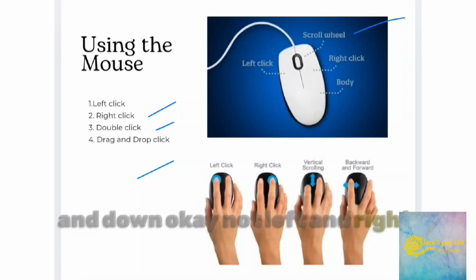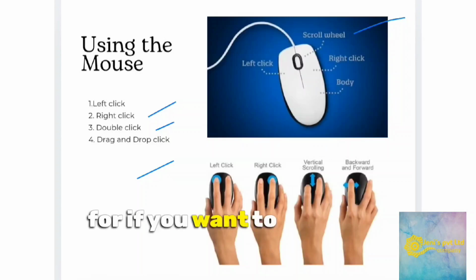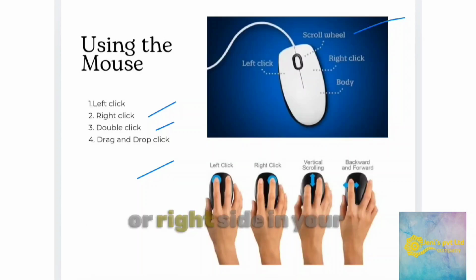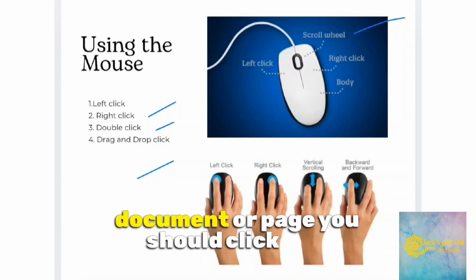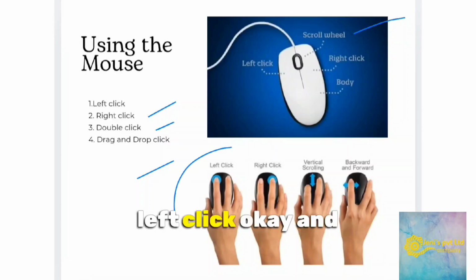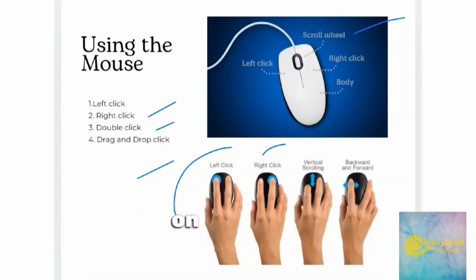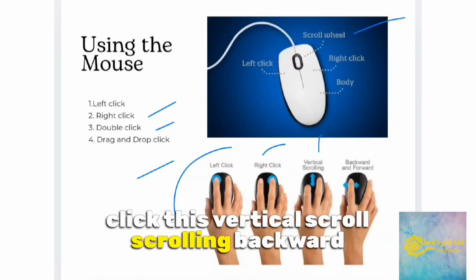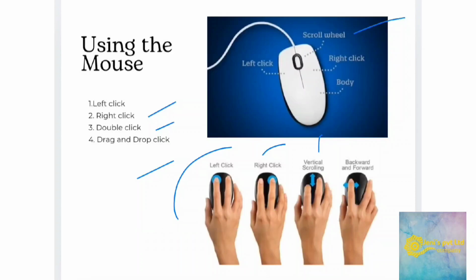If you want to move left or right in your document or page, you should use the left click and right click. If you want to scroll the pages, you should use vertical scrolling or backward forward scrolling. So these are the four operations we can perform with the mouse.